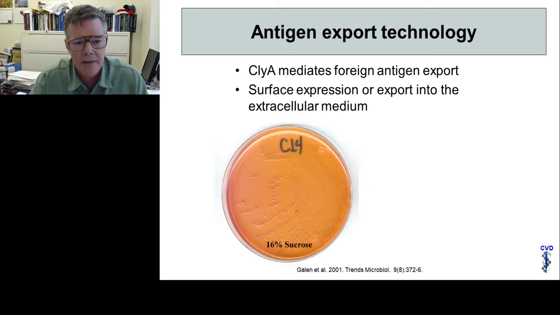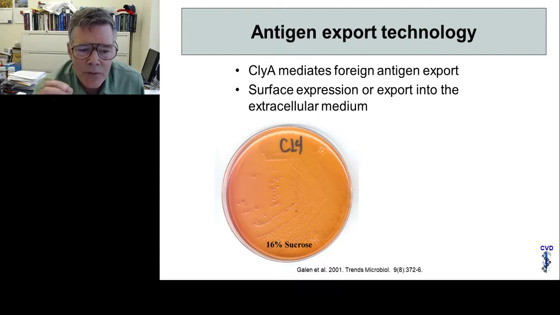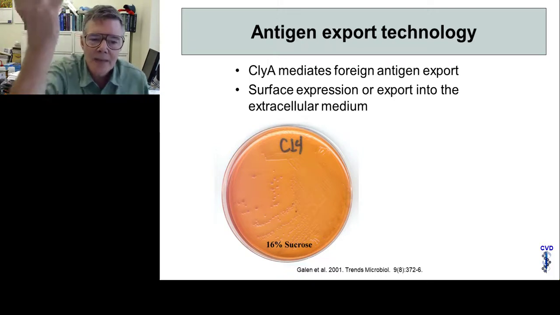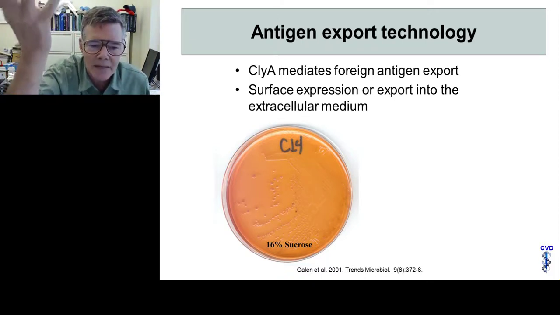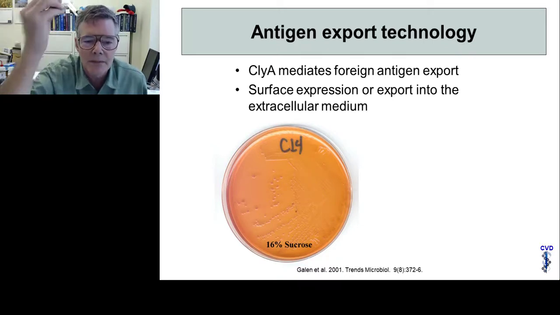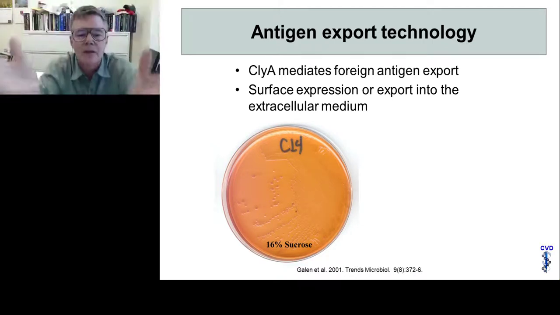Levan almost looks like a capsule. It's like this gloppy mess. If SacB makes levan intracellularly, you've got dead bugs. But if SacB ends up on the outside of the cell, then if it's exposed to sucrose, it makes levan, and the levan coats the outside of the cell.